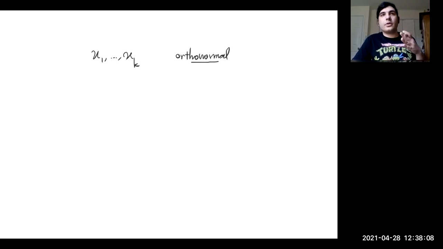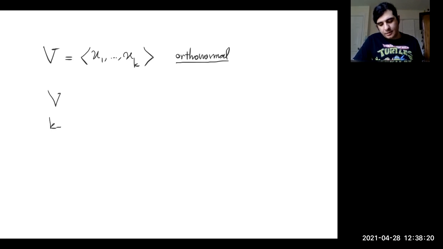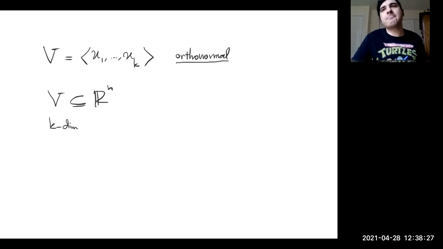Therefore, if I look at U1 up to UK, these vectors are orthonormal in the sense that they are orthogonal and their length is 1. They are normalized. And they would span some k-dimensional subspace of Rn, which is at least one-dimensional.